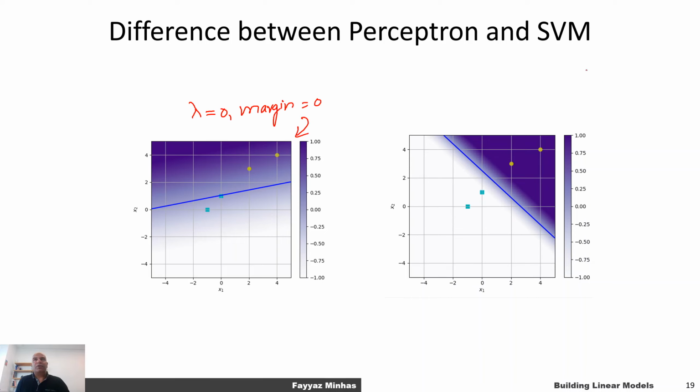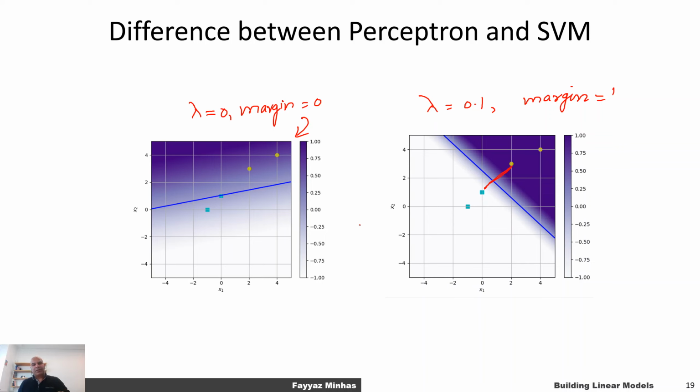However, if you use the same code with a small enough value of lambda, let's say 0.1, and you give a margin of 1, then this makes it a support vector machine, and you get a very good, almost perfect margin between these two classes that you see on your screen.